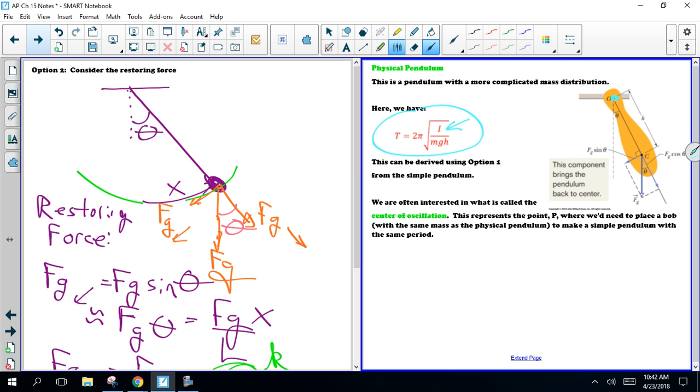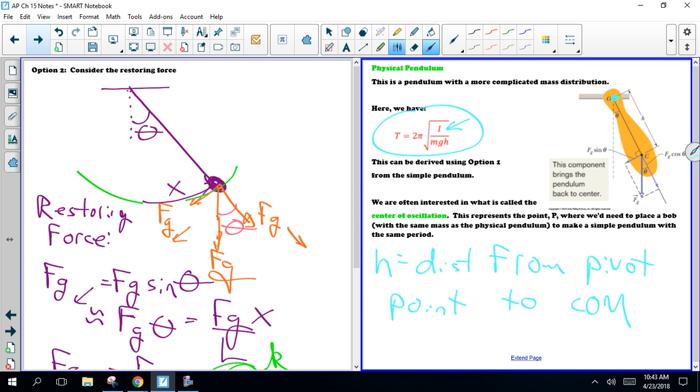I don't know if it says this anywhere in the notes, so you might want to write this down. So it's kind of the same as the h in the parallel axis theorem. Cool?